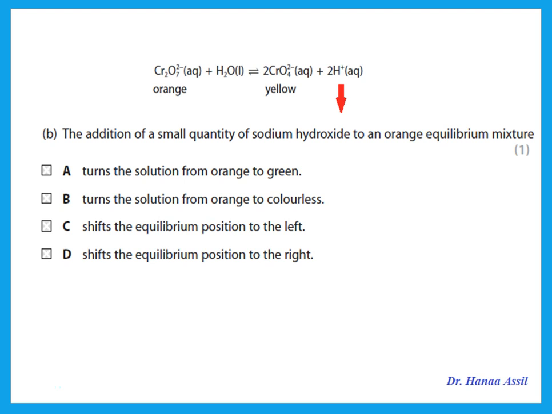So it is as if I am removing the H plus ion. Sodium hydroxide is a base. It will react with the acid. So it removes the H plus from the reaction, and that forces the reaction to go forward, and that means the reaction should change from orange to yellow, or it should go to the right.